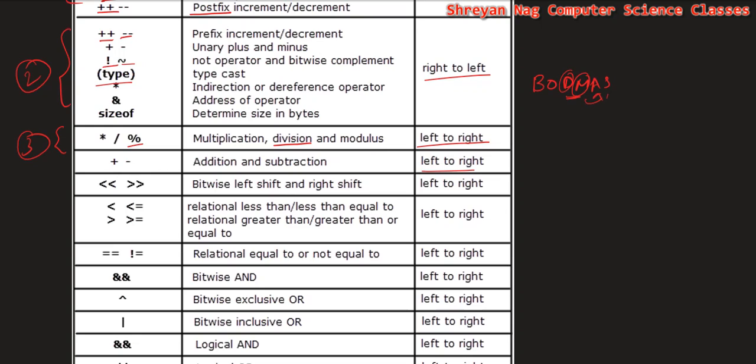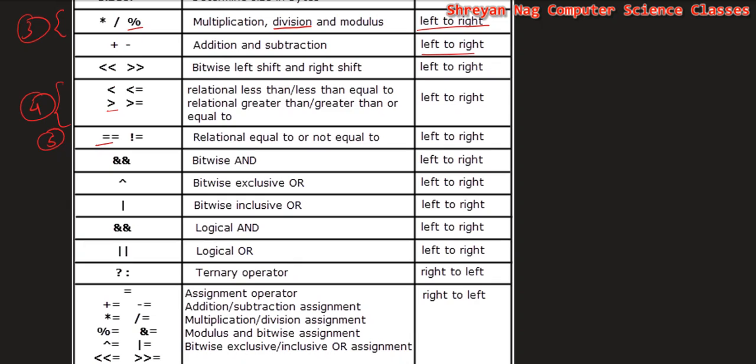Bitwise shift is not in your syllabus, so we will not cover this. Then your less than, greater than, less than or equal to, greater than or equal to. These are all left to right. Then the equal to operator, left to right. Then bitwise and, bitwise or, exclusive or, logical and, logical or, and the ternary operation. These all fall under left to right, but just the ternary operator is right to left.